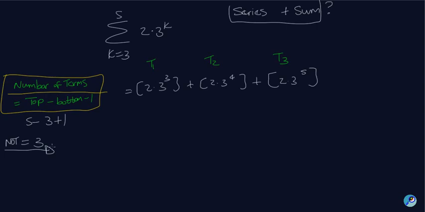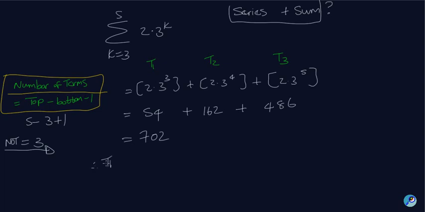So going back to our equation, 2 times 3 to the 4 gives us 54, plus 2 times 3 to the 3, which gives us 162, then this gives us 486. So mouse error, so 702.